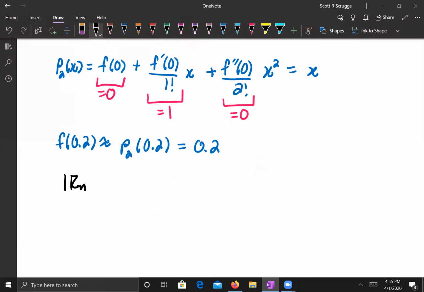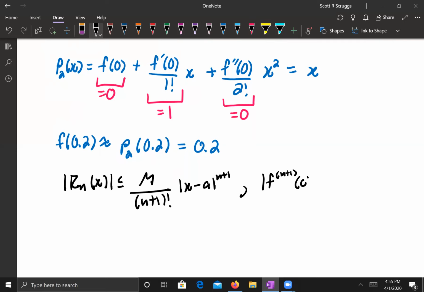What that is asking us to do is use our estimation for the remainder theorem, which is M over (n plus 1) factorial times the absolute value of x minus a to the n plus 1, where the derivative at c is less than or equal to M, where c is some number between my center and x.